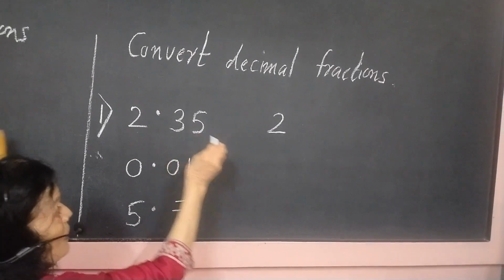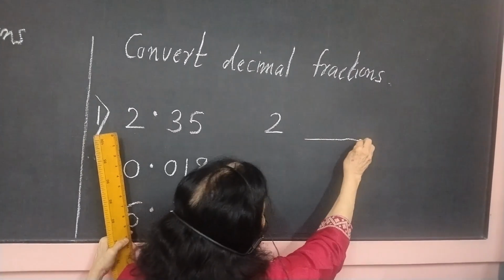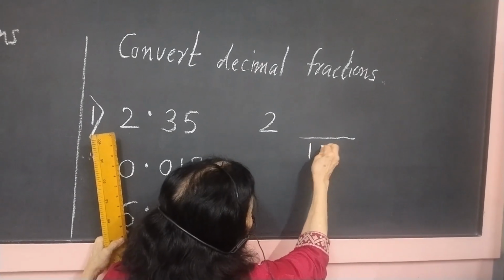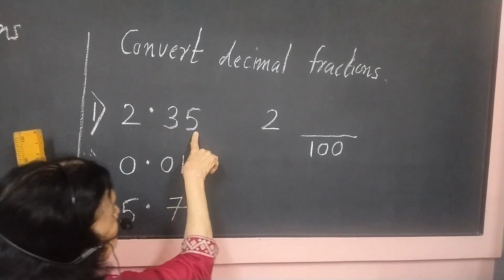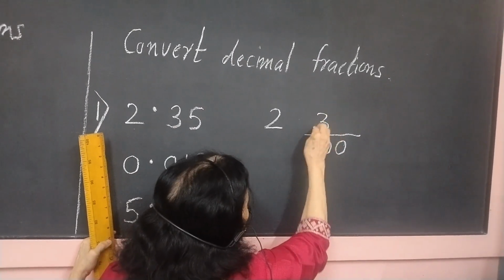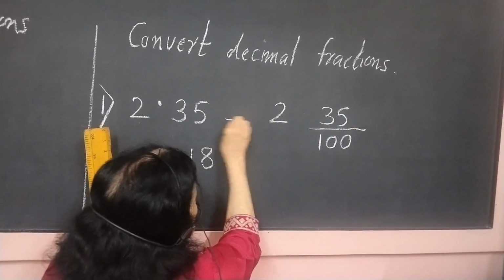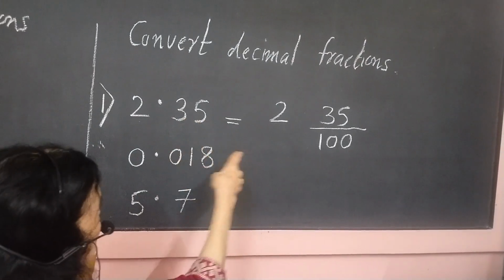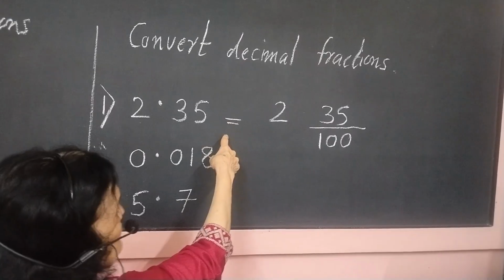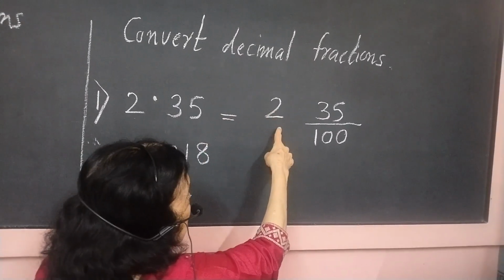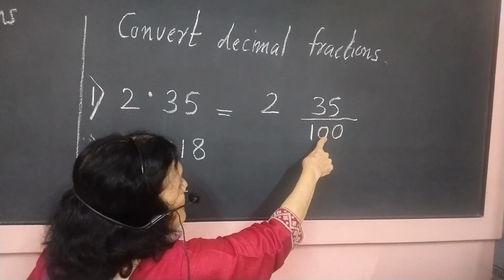Means on the denominator side, 1 will be followed by 2 zeros. And this number we have to write on the top. So answer to first one is 2.35 is equal to 2 integers 35 upon 100.